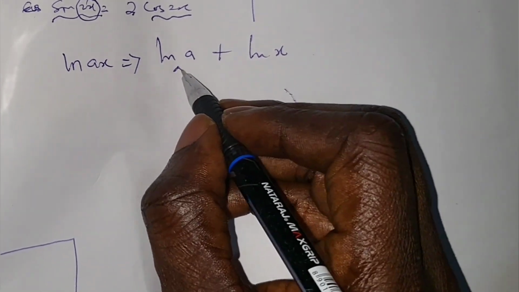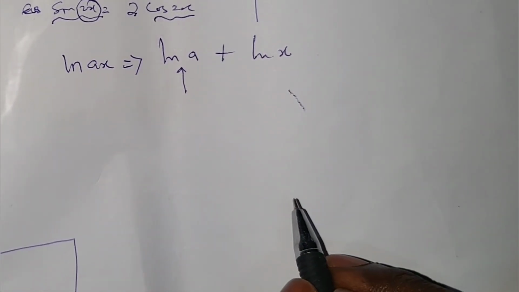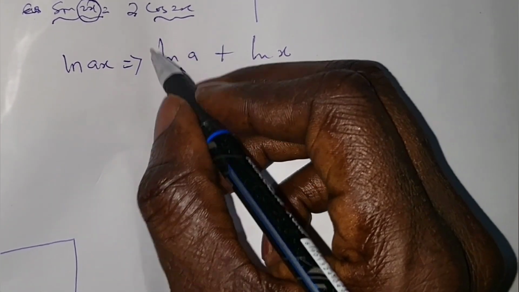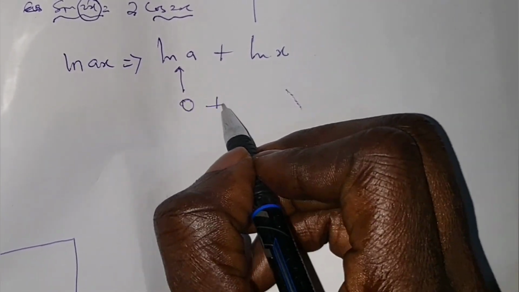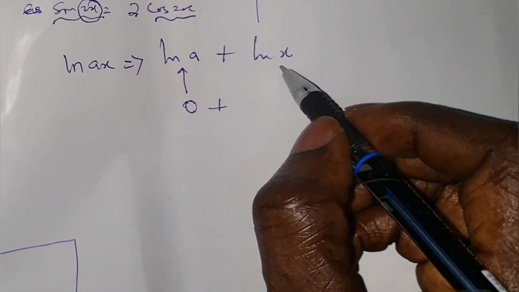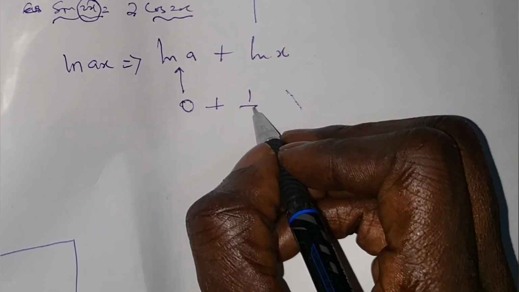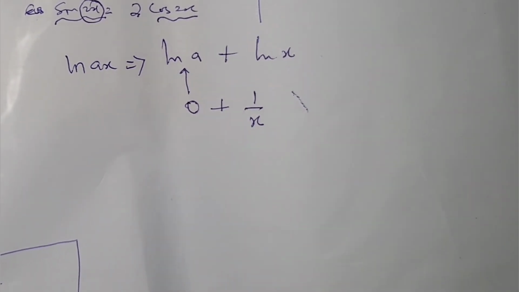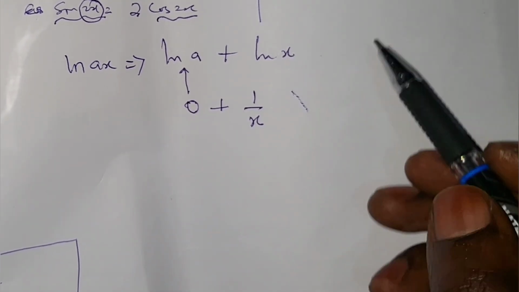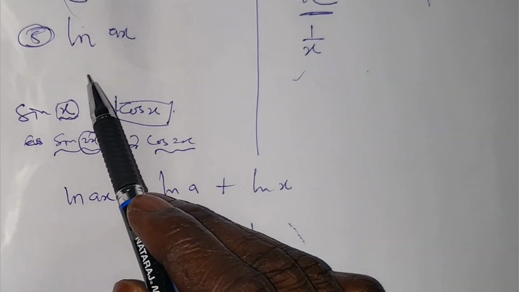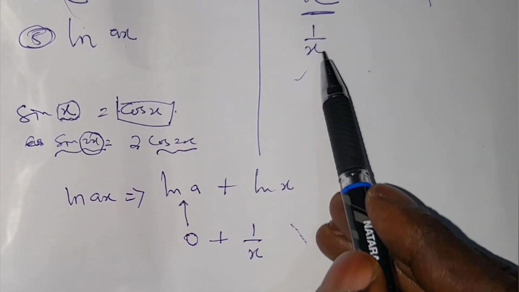Now, ln a is a constant because it doesn't have any variable, so we get 0 for this. Then ln of x gives you 1 over x. So that is the reason why the differential of ln of ax becomes 1 over x.